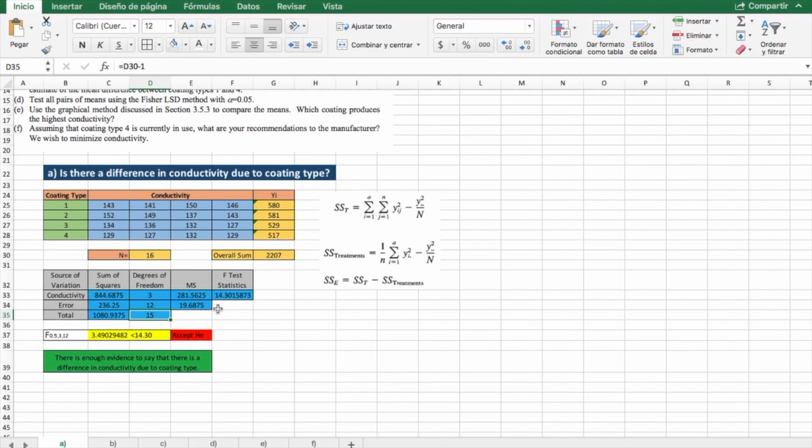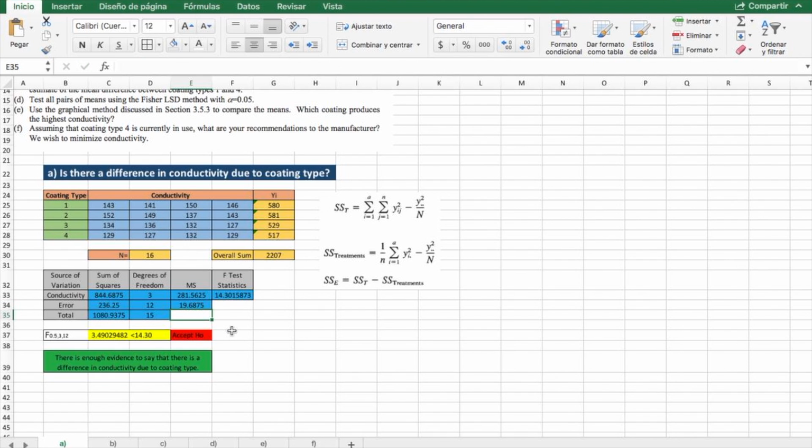To obtain the MS conductivity, you have to divide the sum of squares by the degrees of freedom. And it's the same for the error: the sum of squares divided by the degrees of freedom.